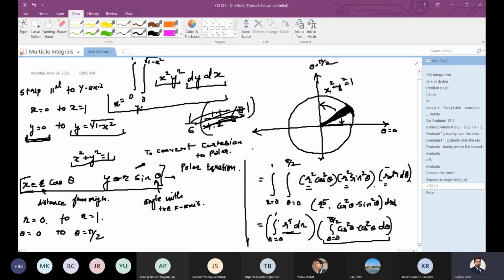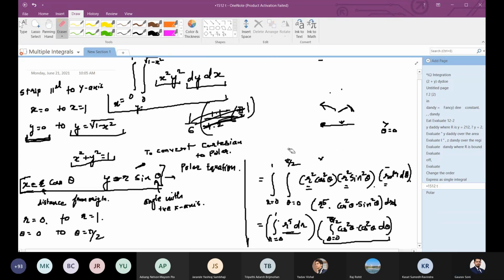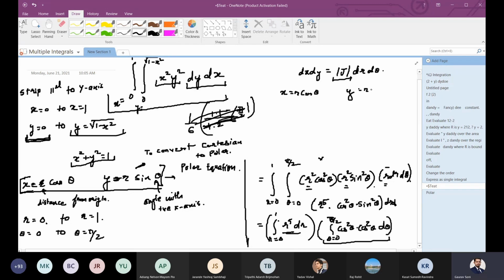And when you make the substitutions in multiple integrals, in double integral, the idea is dx dy is replaced by Jacobian dr d theta. In your M1, you have seen what is Jacobian. So if x is equal to r cos theta, y is equal to r sin theta, this is the substitution that you are making. Then dx dy is replaced by Jacobian dr d theta.